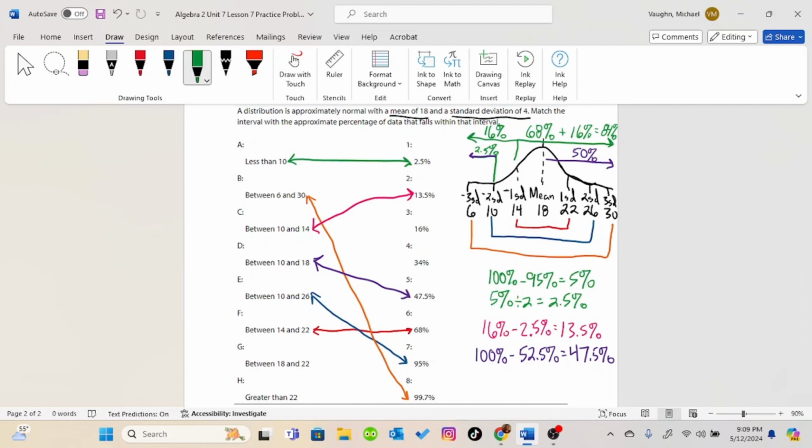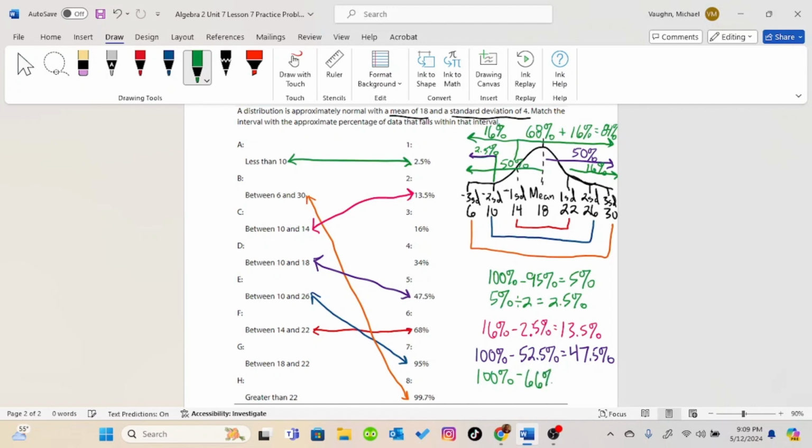Now if we look at G, we want between 18 and 22. So this time, kind of in reverse, we know that 50% is below 18, and we know that 16% is above 22. So now we're going to have 100% minus the 66% that is below 18 and above 22.